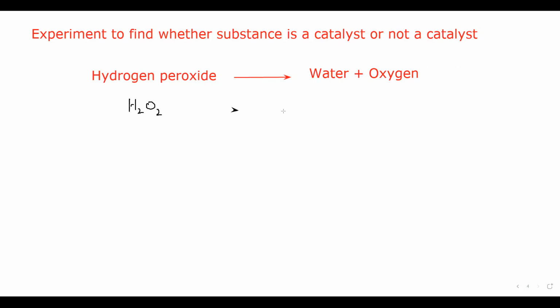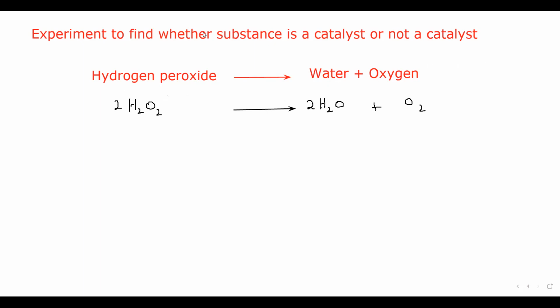When it decomposes into water, H2O, and oxygen, which is O2, the equation must be balanced, so we balance oxygen and hydrogen. This is a balanced equation: hydrogen peroxide decomposes into water and oxygen by itself.